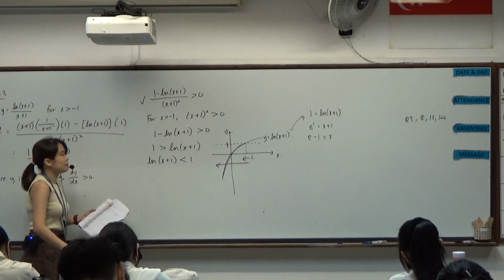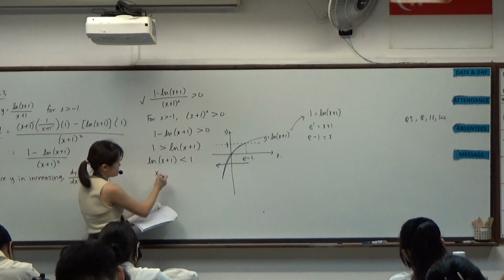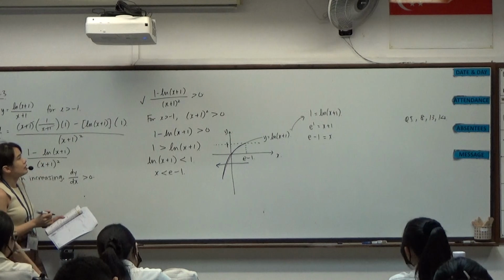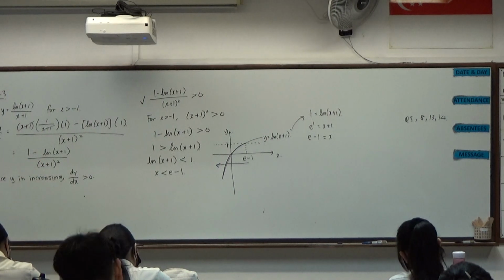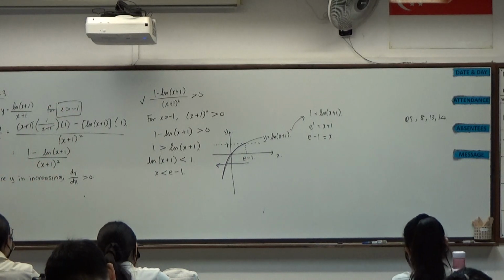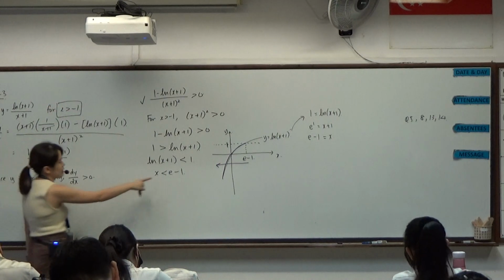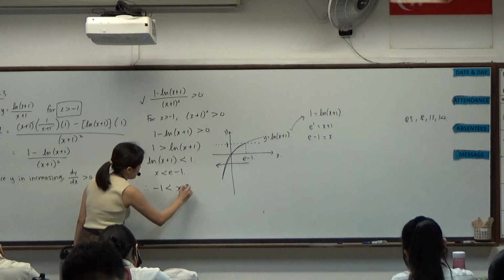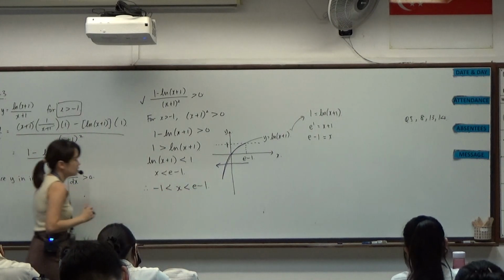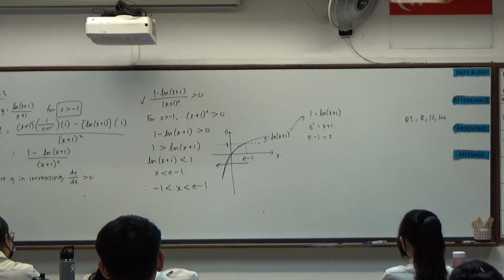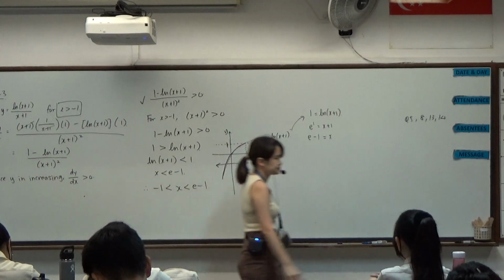Therefore, x itself must be less than e minus 1. Because our boundary is that x must be more than -1, and e minus 1 is more than -1, our x interval will be more than -1 and less than e minus 1.